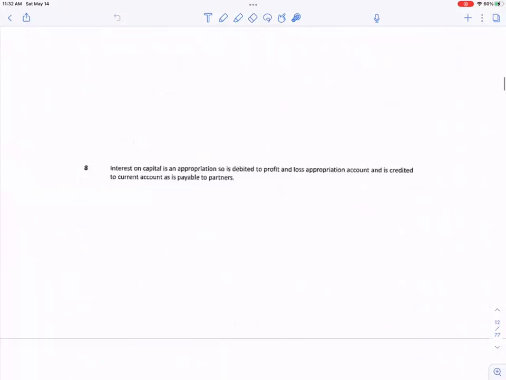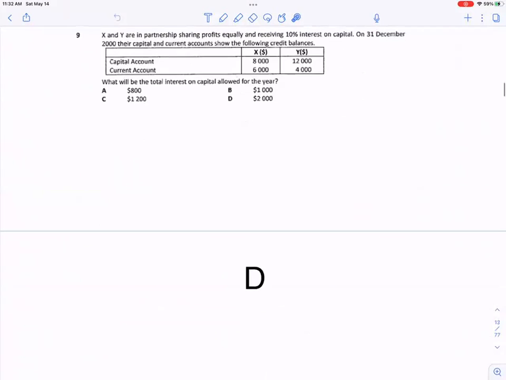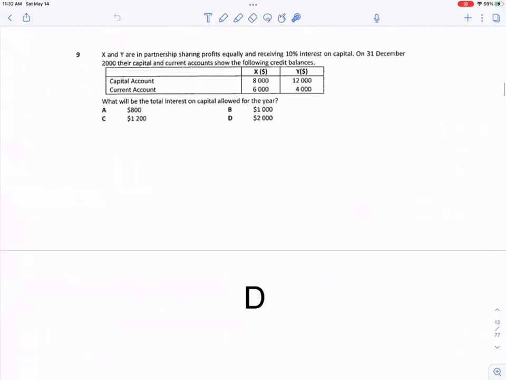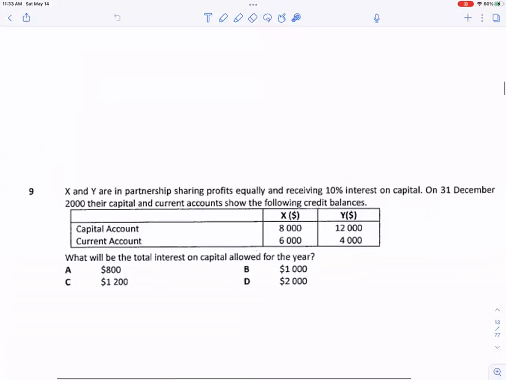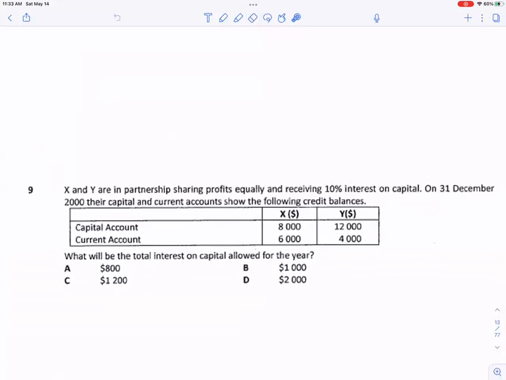Let's go to the MCQs. Try this. What do they want? Total interest on capital. What is total capital? 20,000.